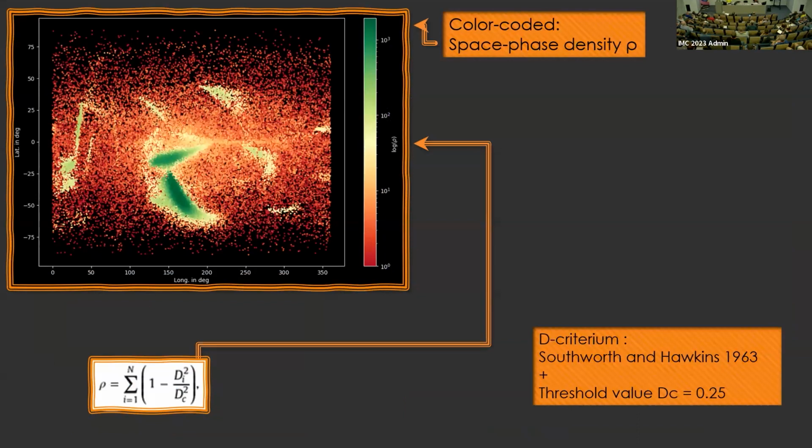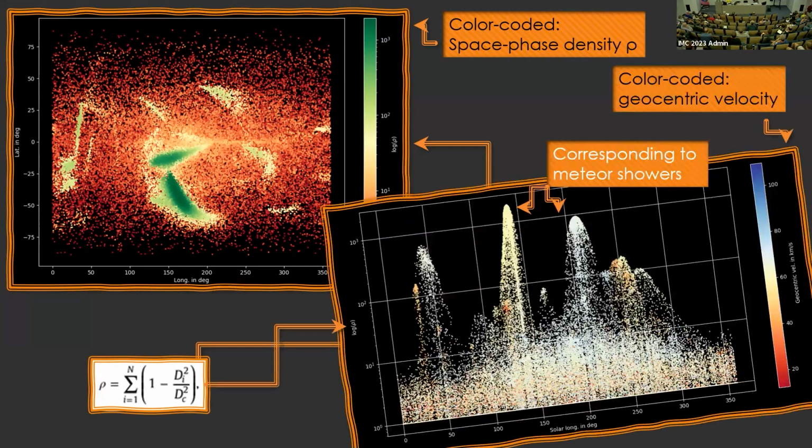And an even prettier way to visualize it is if you calculate the space density of each meteor based on the similarity of the orbits. And you can clearly see now the groups of shower meteoroids, shower meteors or stream meteoroids. If you want further convincing that these are shower meteors, you can easily visualize it based on the solar longitude and the geocentric velocity.